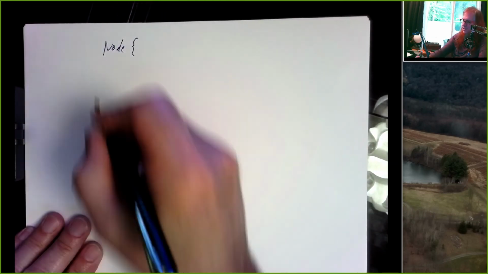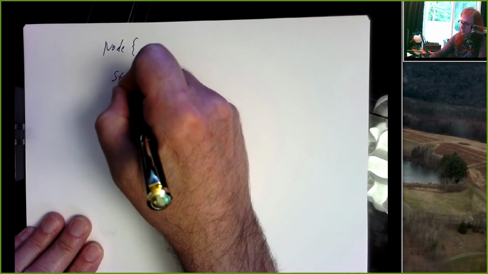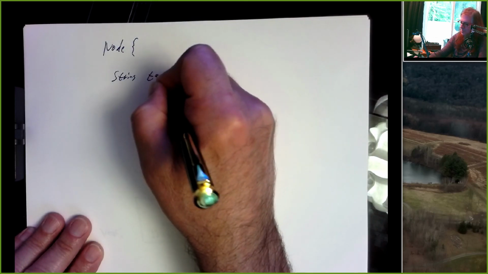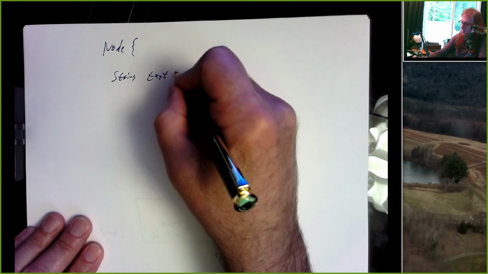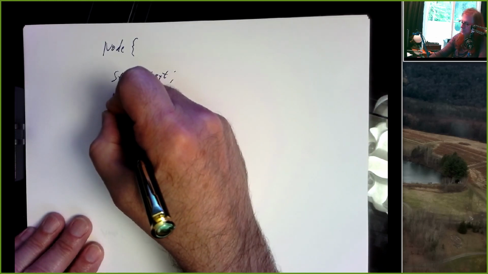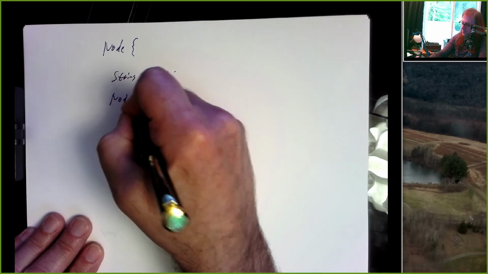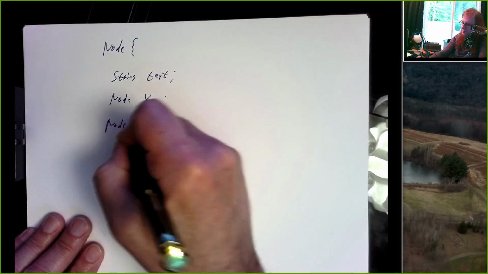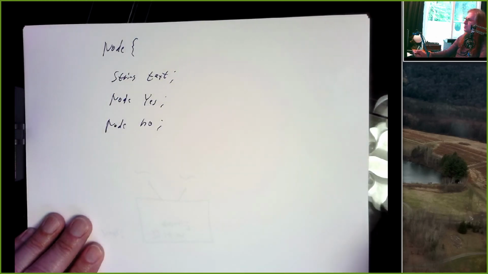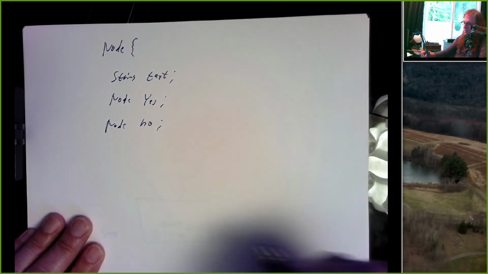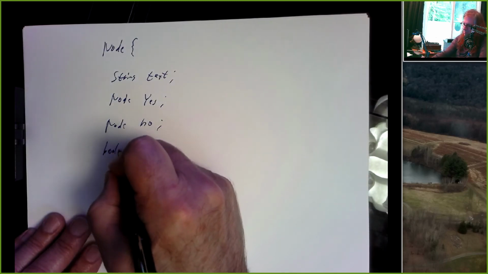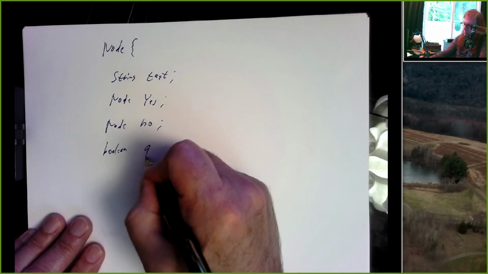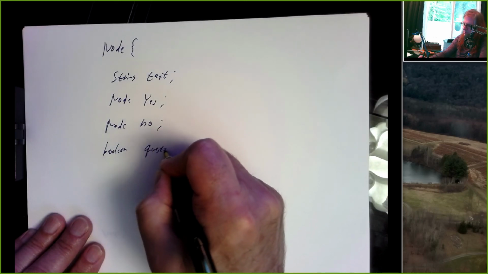So your node can contain some text, a child node called yes, a child node called no, and maybe a Boolean to tell you if it's a question.